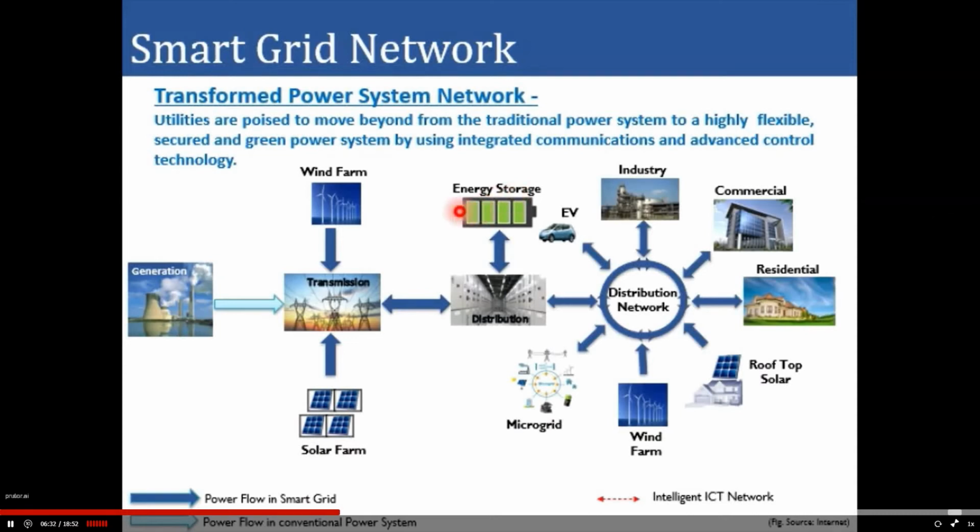These are used for various functions such as demand response management or frequency regulation. So these are also generators as well as loads for the distribution system. When the battery is being charged, it acts as a load, and when it is supplying power back to the distribution system, it acts as a generator.